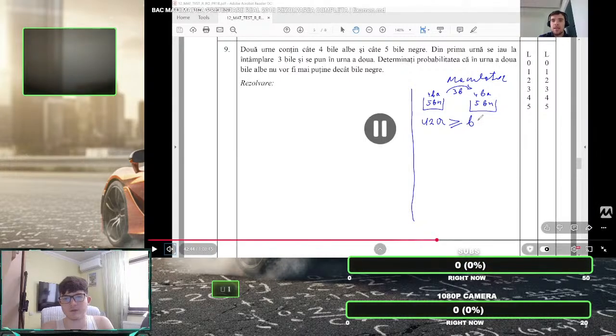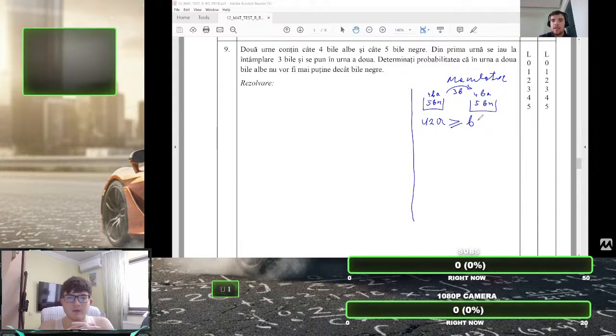Let's see, probability. This one's new, this type of exercise. So you have 2 bins, and one has 4 white balls. The other one has 5 black balls.